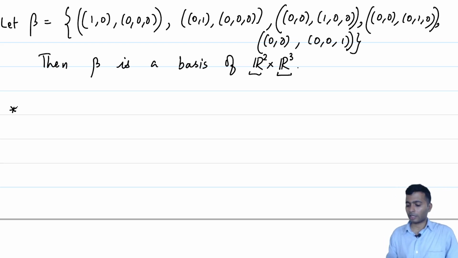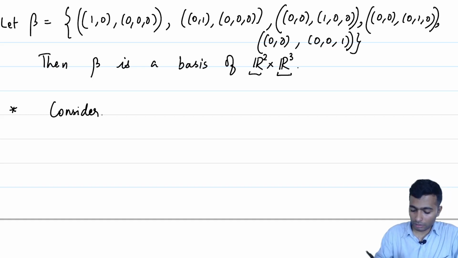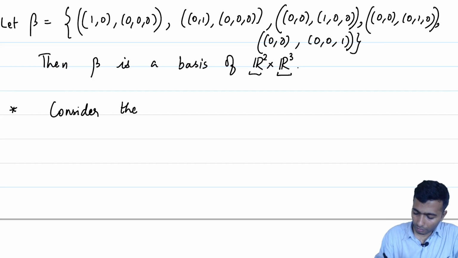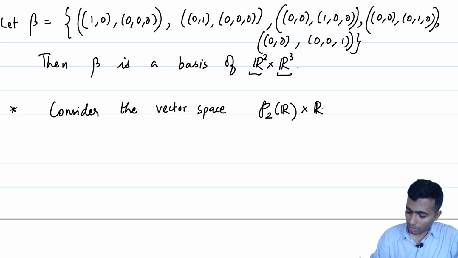Why just consider R2 and R3? Instead of R2, let us consider the vector space P2 of R. Instead of R3, let us put P2 of R cross R2.